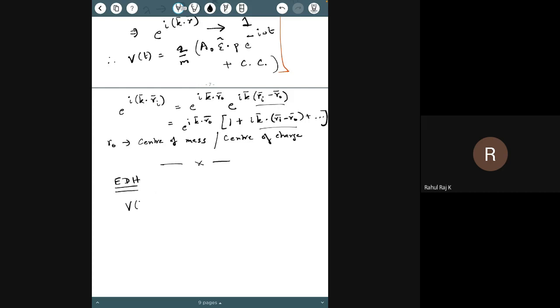There we have V of t is equal to q by m A0 dot P e to the power minus i omega t and minus epsilon dot P e to the power i omega t.